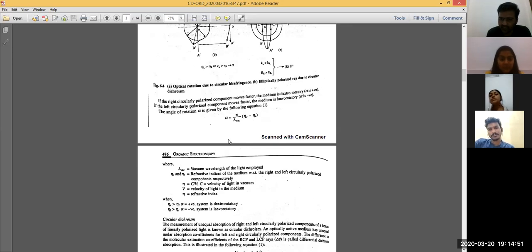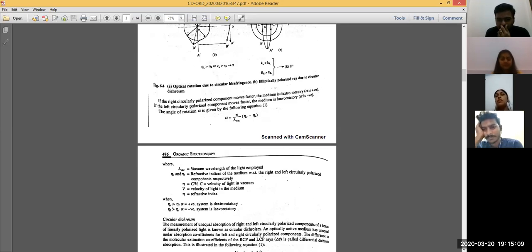So for alpha to be positive, what is the criterion? The refractive index of right circularly polarized light should be greater than the refractive index of left circularly polarized light. In such a scenario, you will get a dextrorotatory substance.